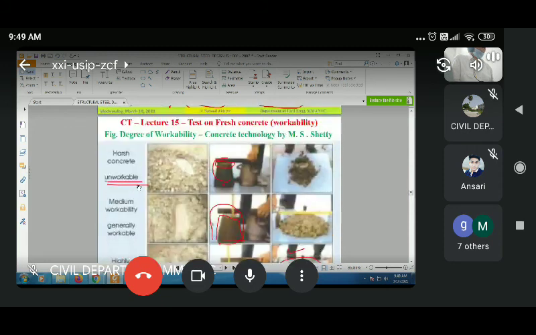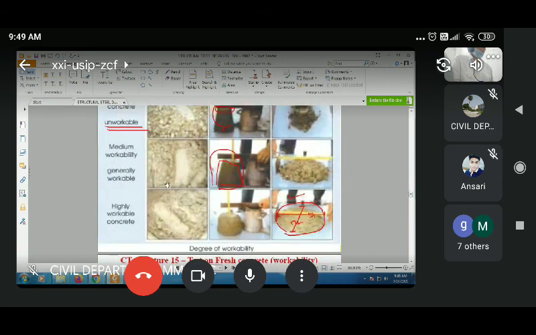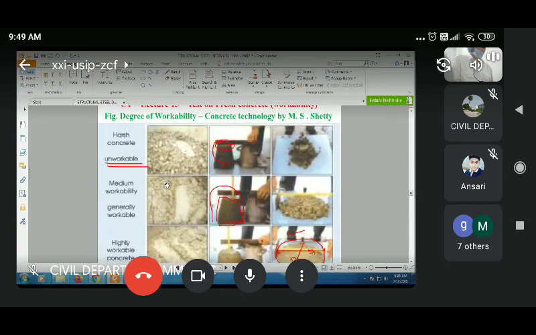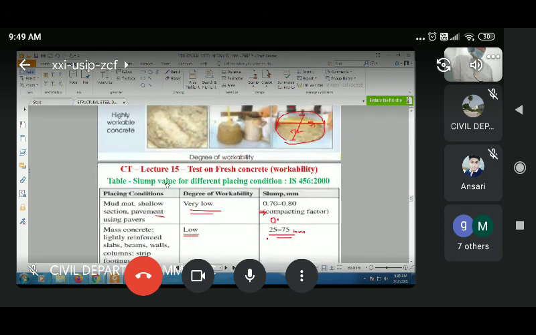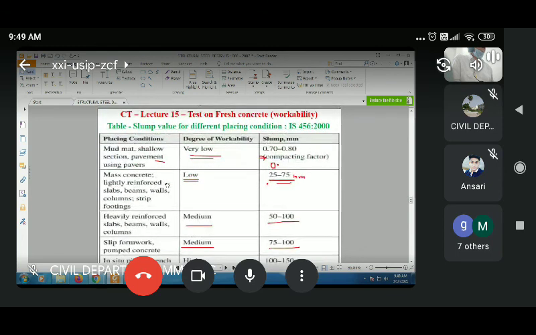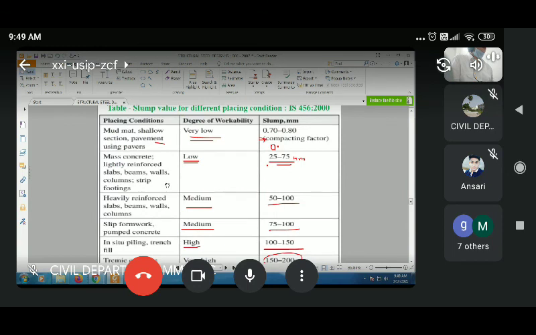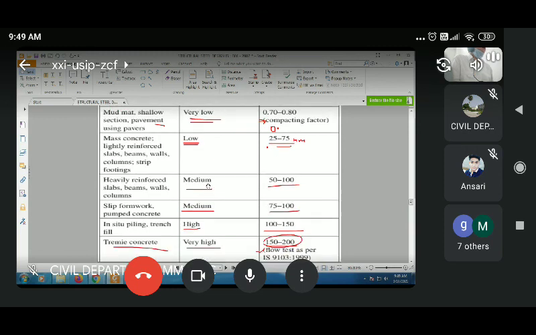Then we have seen the types of concrete and their slump values: medium, harsh concrete, and highly workable concrete. Then the different slump values are stated by the IS code as per the placing condition and degree of workability. If low degree of workability, the slump value will be 25 to 75 mm. If medium degree of workability, the slump value will be 50 to 100 mm.